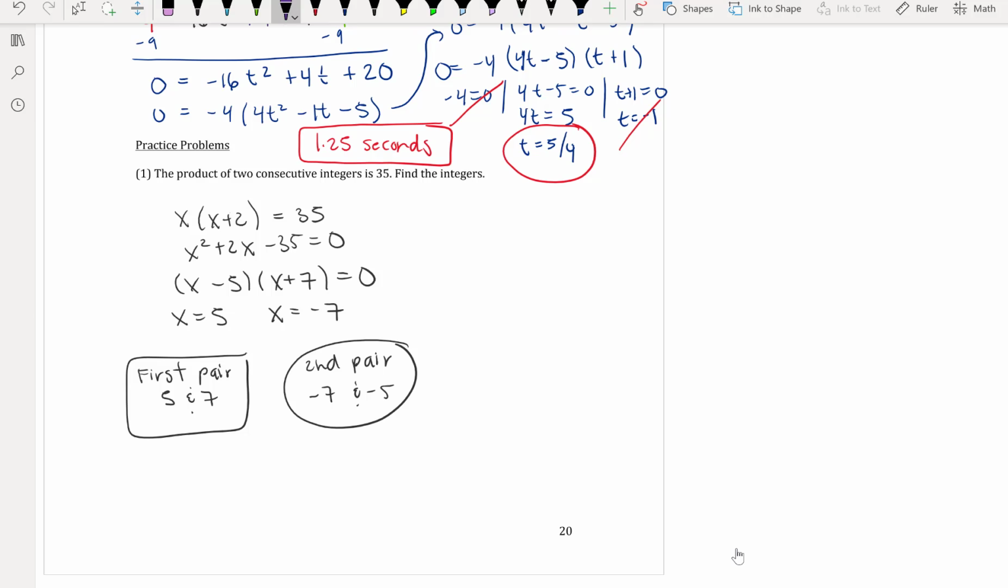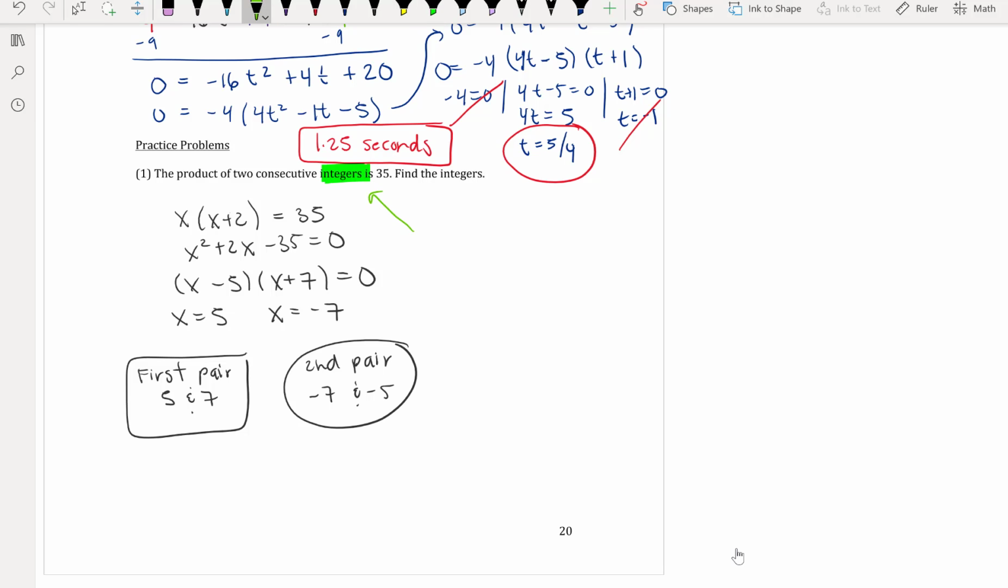Okay, so that took me a few minutes. So hopefully you guys pressed pause as well and worked these out. So for number 1, the product of 2 consecutive integers is 35. Notice how for this one, it doesn't say natural or positive or negative. It just says integers. So integers are positive and negative.